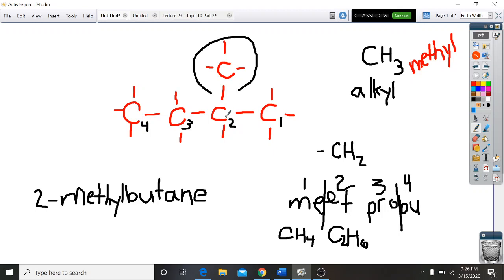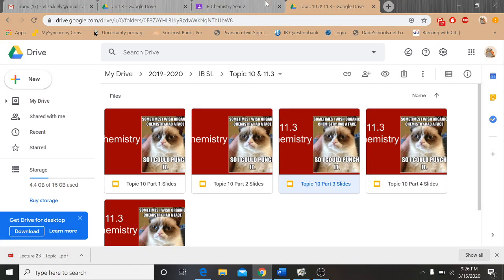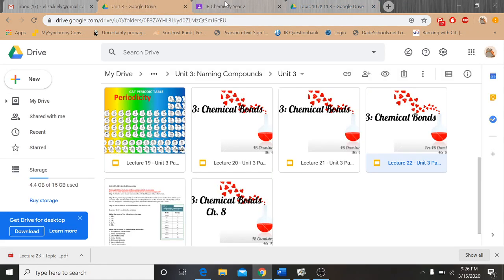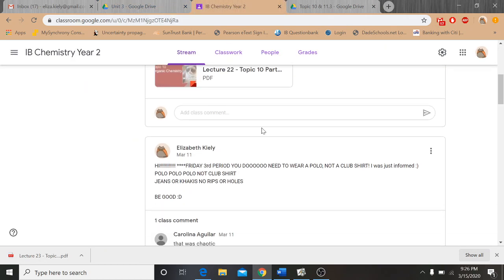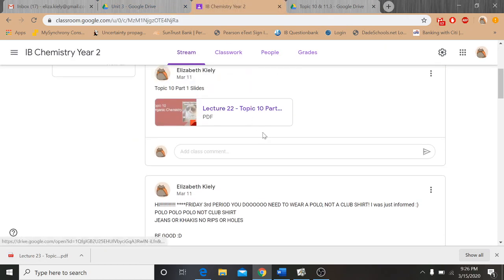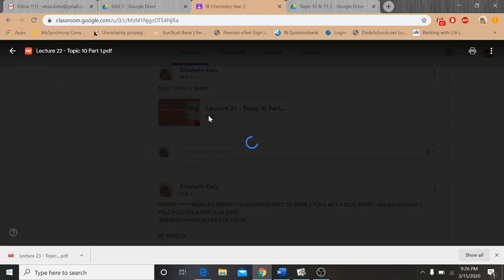The rules state that I want any substituents to be on the lowest number of the C chain as possible. So that is why I numbered it that way. If you need help with that, the best thing is to go back to lecture 22, topic 10, part 1, to take a look at the long example towards the end of the slideshow.